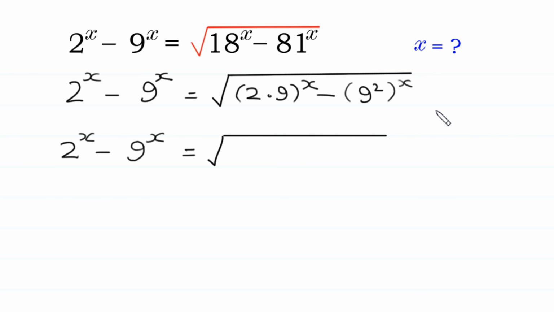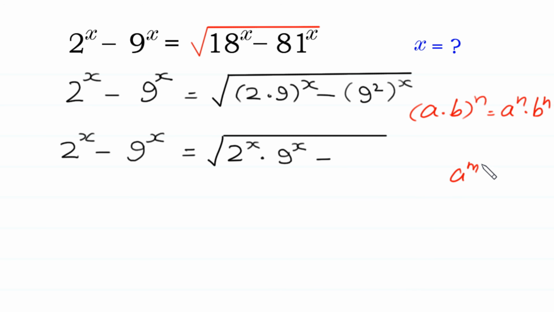according to property of exponents, a times b whole to the power n is equal to a to the power n times b to the power n. We can write this 2 times 9 to the power x as 2 to the power x times 9 to the power x minus, according to property of exponents, a to the power m whole to the power n is equal to a to the power n whole to the power m.